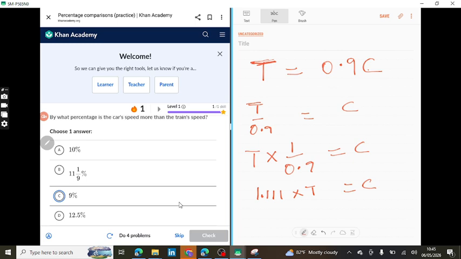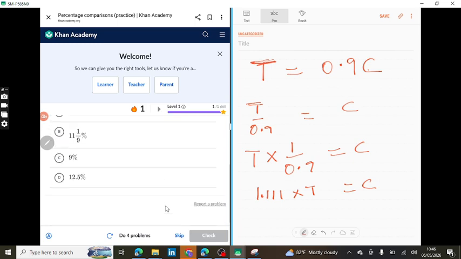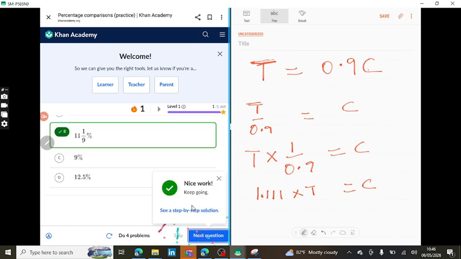The interpretation is that when we say 1.11t, it means the number is about 11 point something percent, but not up to 12, more than 10. So we are going to go for option B. And we are correct.